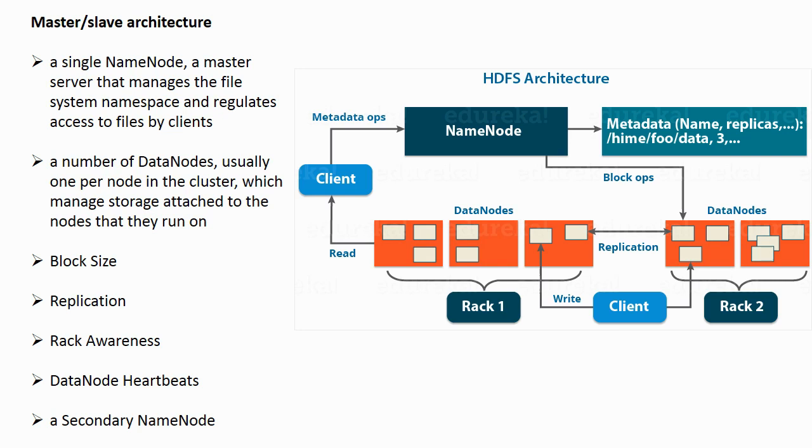Now each block is stored 3 times across the cluster. In other words, there are 3 instances or 3 copies of each block in the HDFS system. All of this helps with fault tolerance.